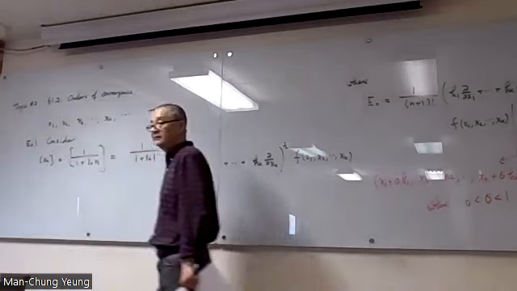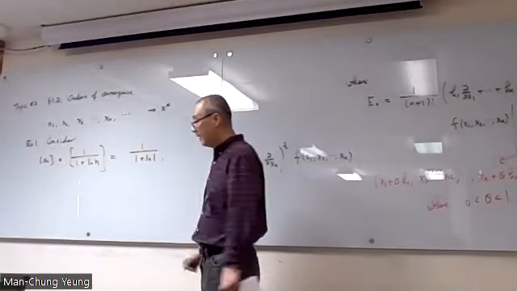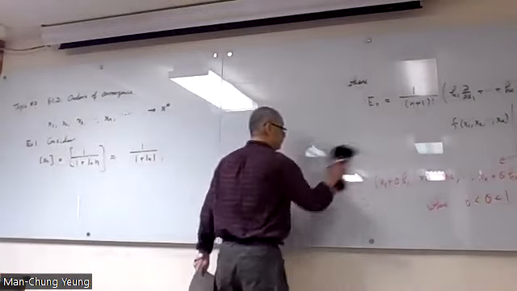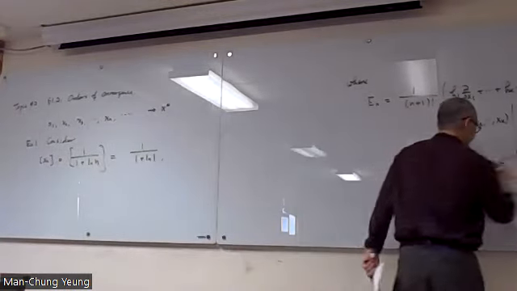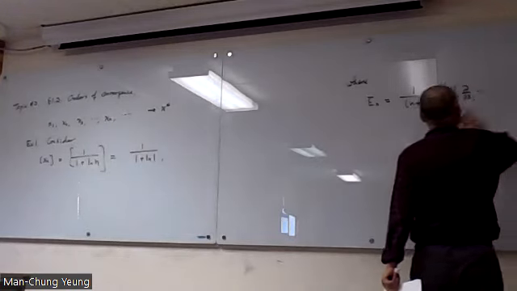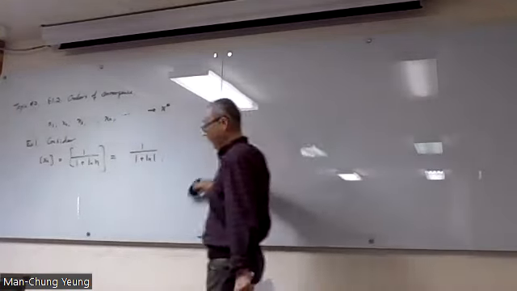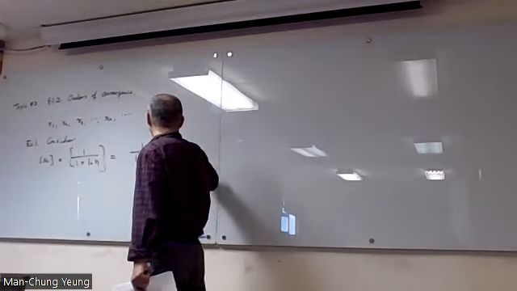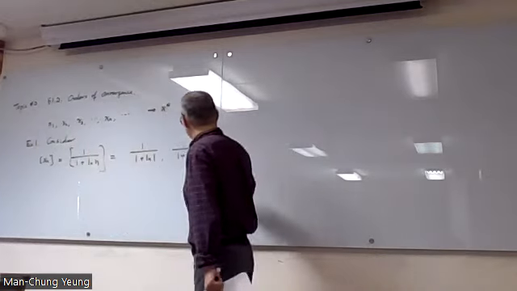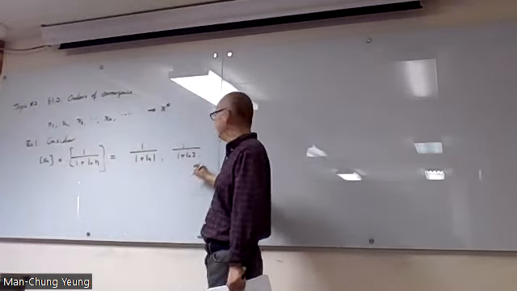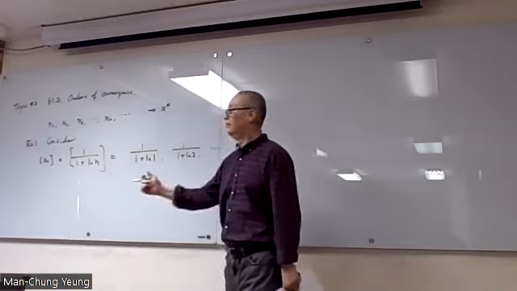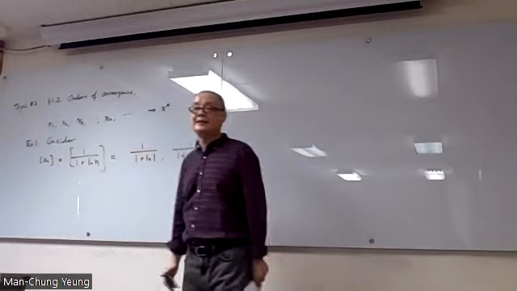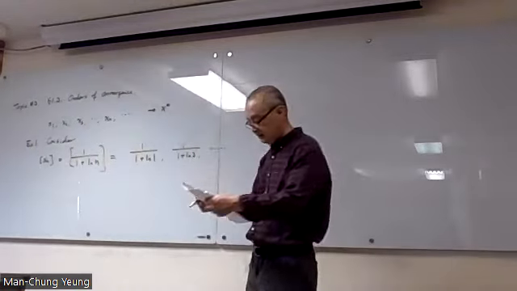Second number, n is 2: 1 over 1 plus log 2. Third number, n is 3, and so on.